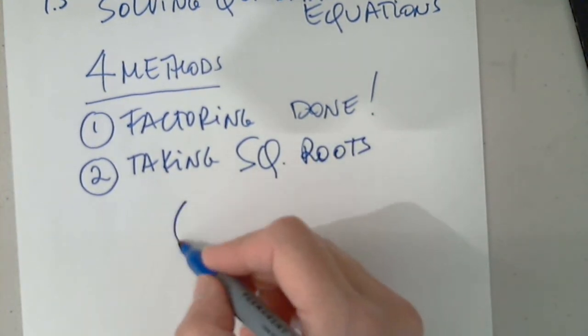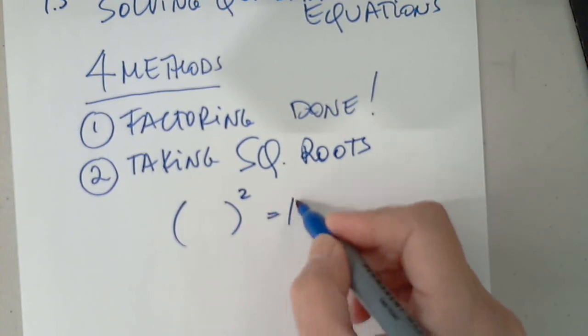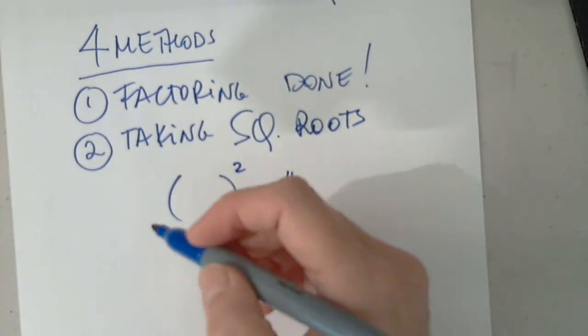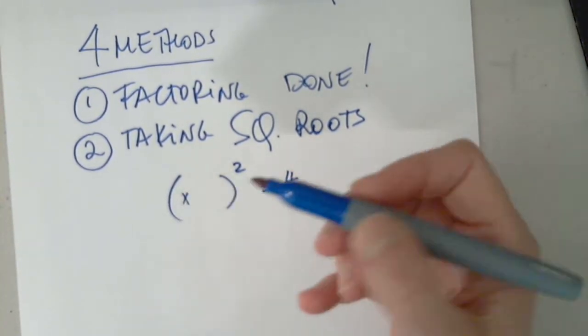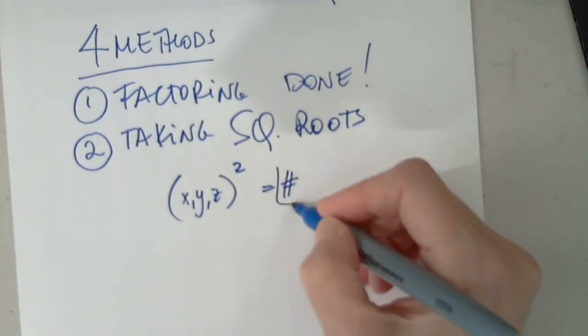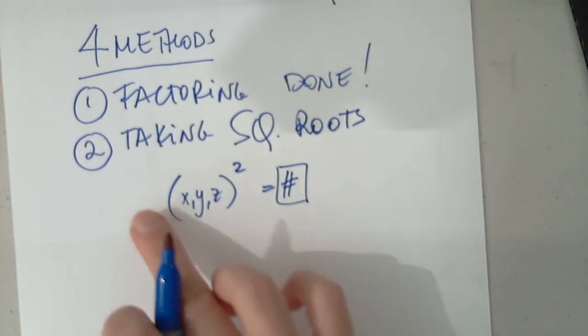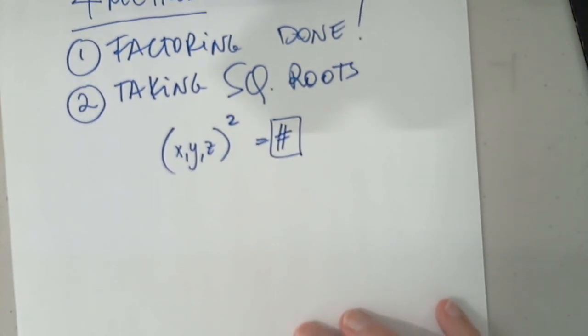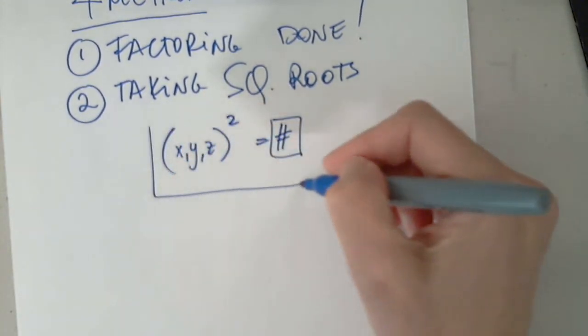But only if I have something like this. Whatever squared with x in it or y in it or z in it, whatever it is, and a number here. Then we'll talk about taking square roots. Only in this situation.